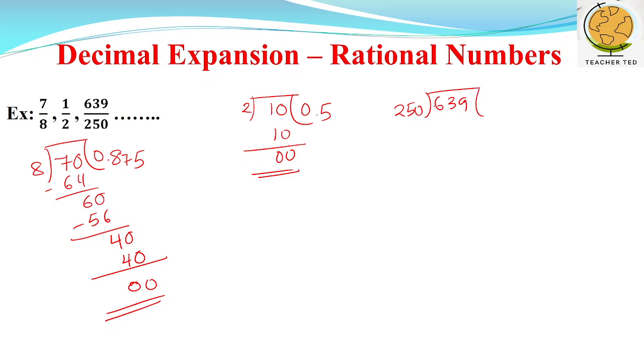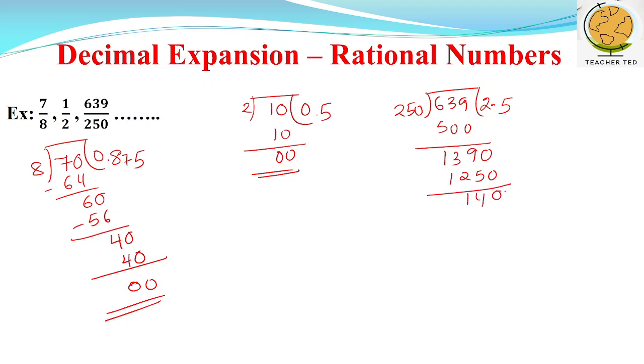So 250 times 1 is 250, 250 times 2 is 500, 250 times 3 is 750. So 2 times is 500 and the remainder is 139. 139 is lesser than 250. You put a point here and substitute 0 here. And if you go on doing this, 250 times 5 is 1250 and the remainder is 140.